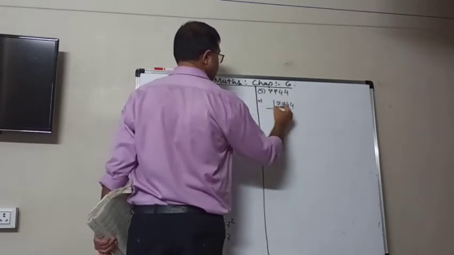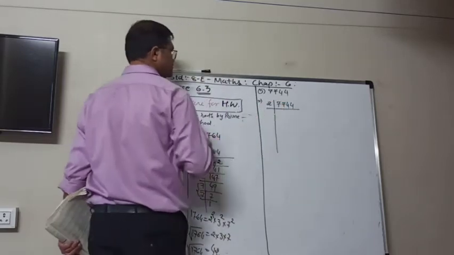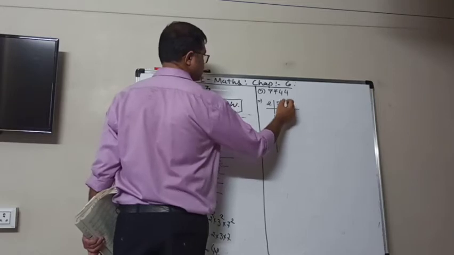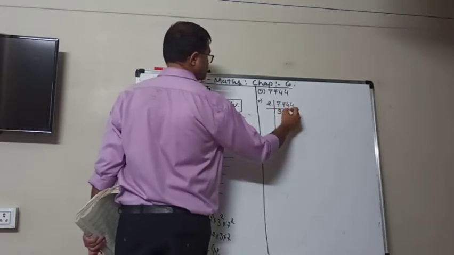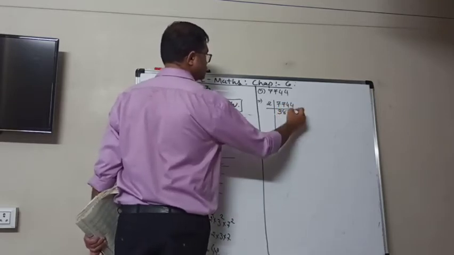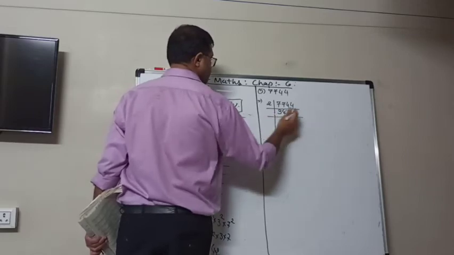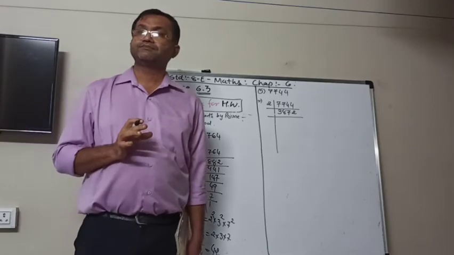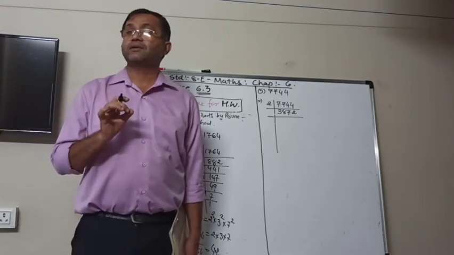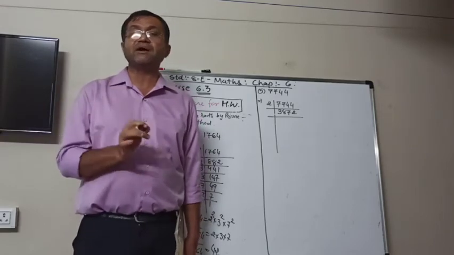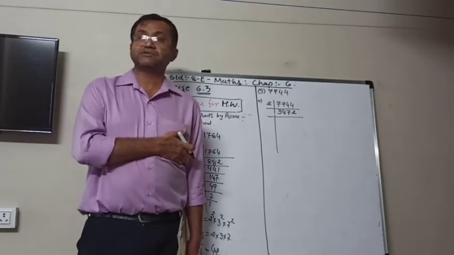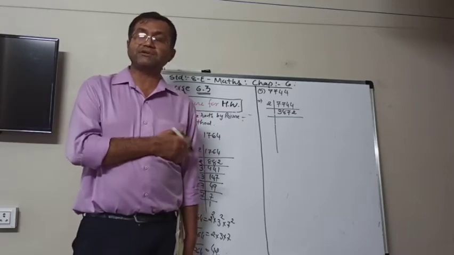It is an even number, so divisible by 2. 2 3s are 6, 17, 2 8s are 16, 14, 2 7s are 14 and 2 2s are 4. If you are not able to do direct division, then go to the rough page and divide it. I can do it myself, but not everybody is able to do that. Then you have to do the division on the rough page.